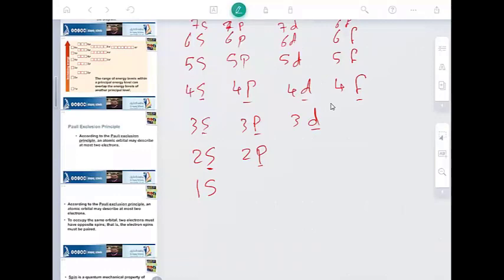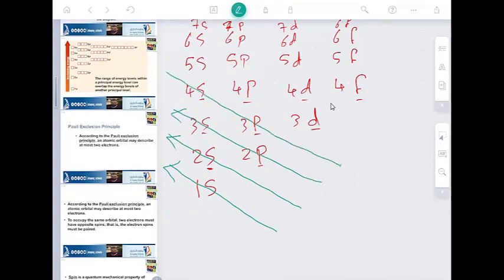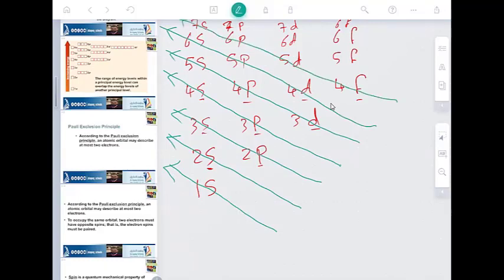We will move from down to up with these arrows. Please do it in your copybook because it's not in the book, to make it easier to do the configuration in order by the arrangement of the Aufbau principle. Look, I'm doing them in order like these arrows, like this, and like this, and so on.